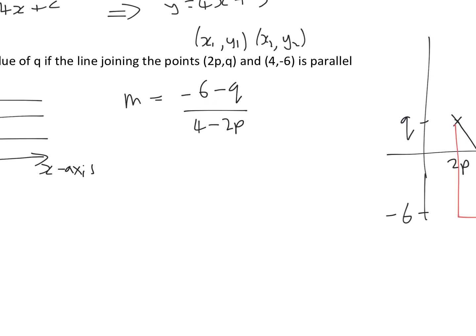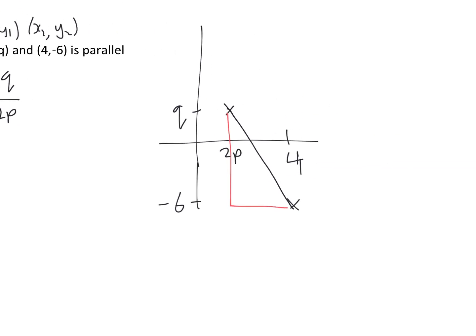And we're saying that the line that joins these 2 points is parallel to the x-axis. That actually means it's definitely not this line. It means the line would have to be flat. And that means that the rise would be 0. So it's actually this subtraction that is 0, because we can't have a rise.